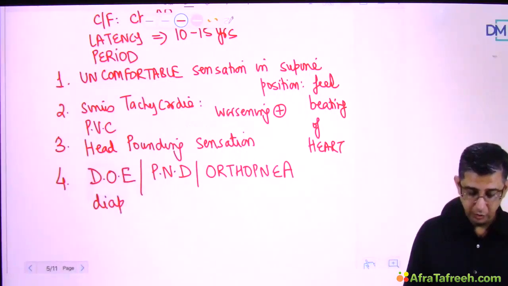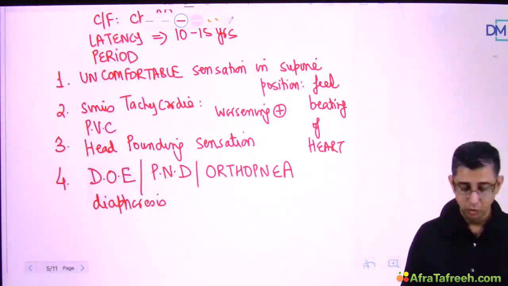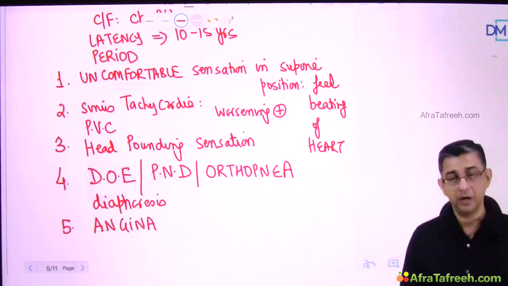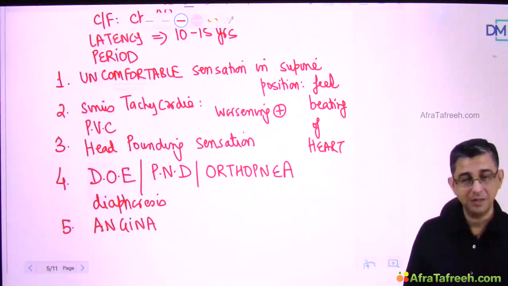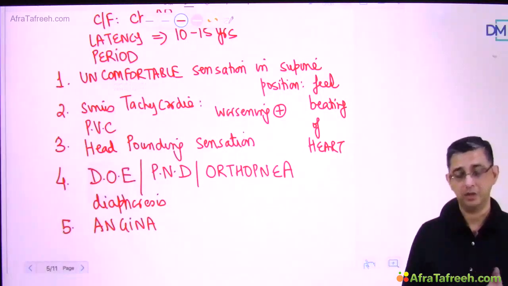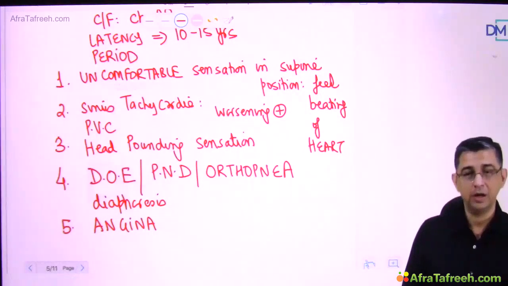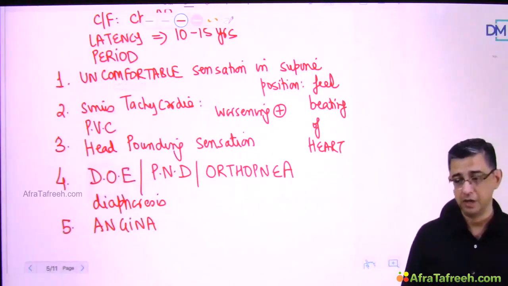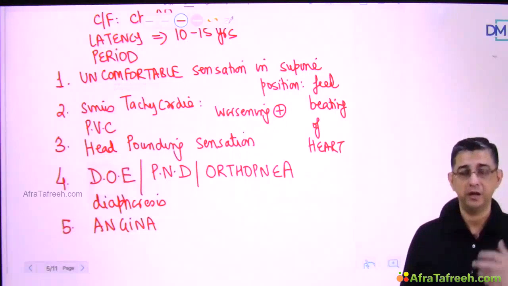Excessive sweating is also noticed for the past couple of weeks or months. So in these patients, the standard cardiology symptoms, once they start appearing, are dyspnea on exertion and PND. I'm saying standard because the remaining sensations may not be appreciated by a person as related to the heartbeat. He might just say that because of stress, I thought my heart is beating fast or my head is pounding. I took a painkiller tablet for that.